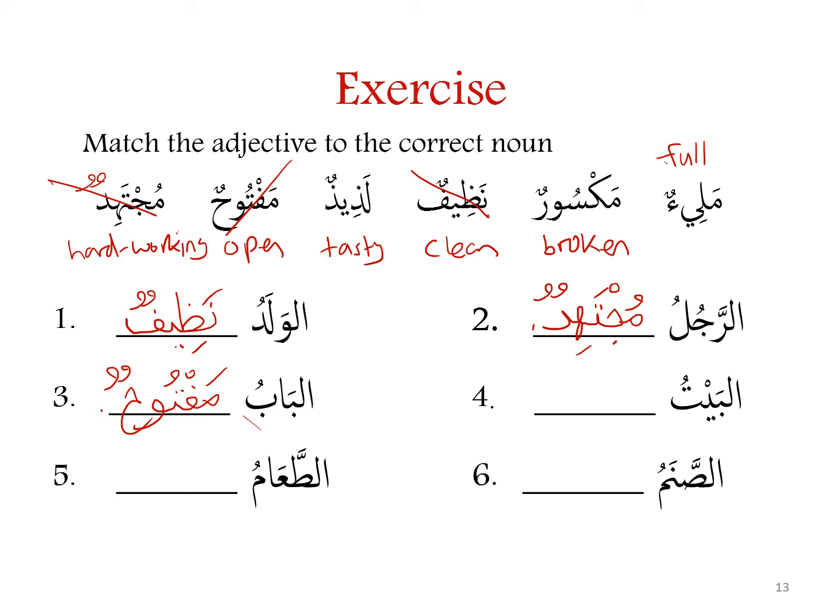That's perfectly fine as well. But some of them you can't really put anywhere else. Al-baytu, so we'll put mali'un, which means the house is full. And just pay attention to that sentence structure that we're using. Definite plus indefinite.